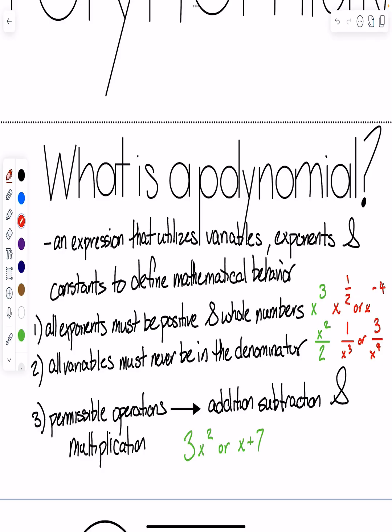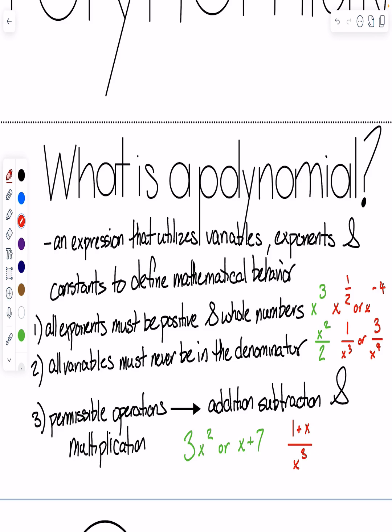Impermissible operations include division, right? So if I had, let's say, 1 plus x over x to the power of 3, right? That's impermissible.